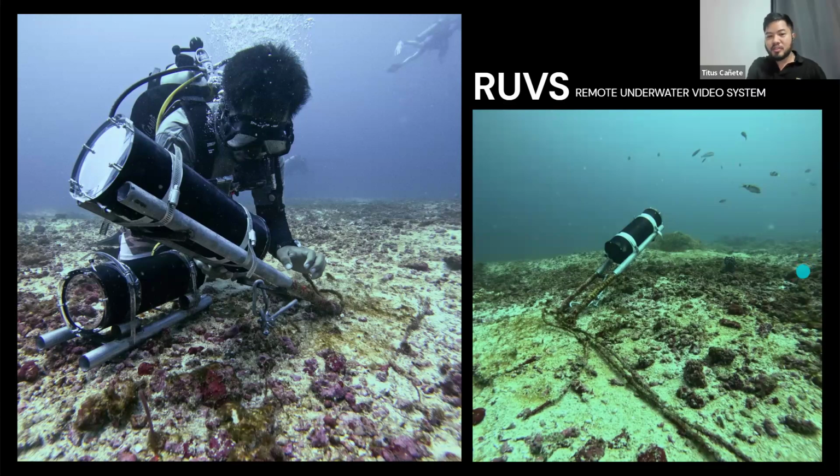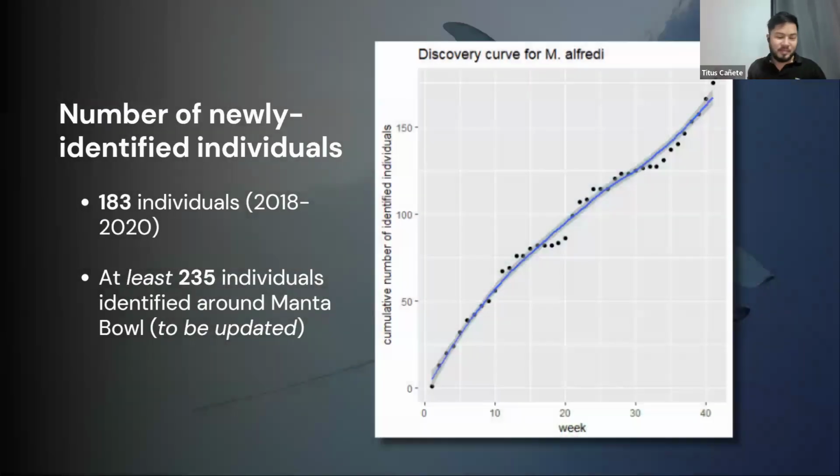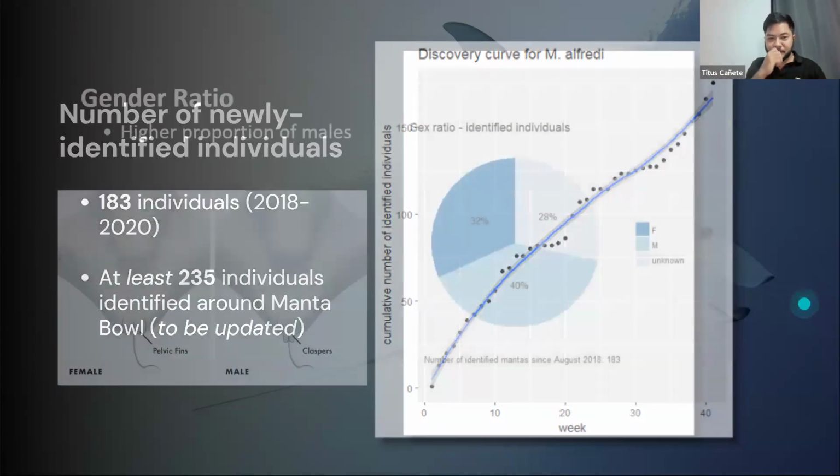Through the use of this highly accessible tech, we were able to identify over 183 individuals from 2018 to 2020, but we believe that we have at least 235 individuals now in the manta bowl. This is still to be updated because we had to stop our research during the pandemic. But we're able to find that there are so many mantas using the manta bowl.